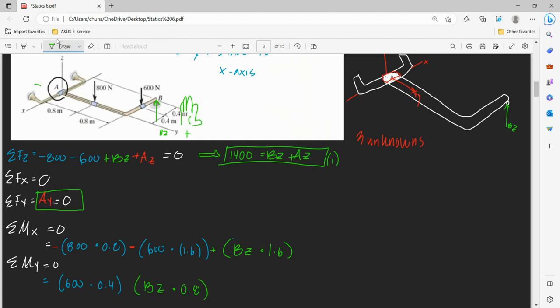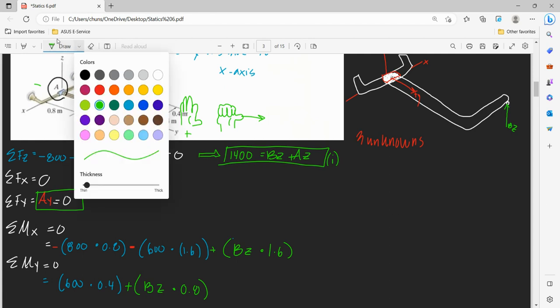So this is our right hand pointing with Z, and we curl them towards our Y axis here. Right, after we do that, our thumb is pointing along the positive Y axis. So that means we have positive.